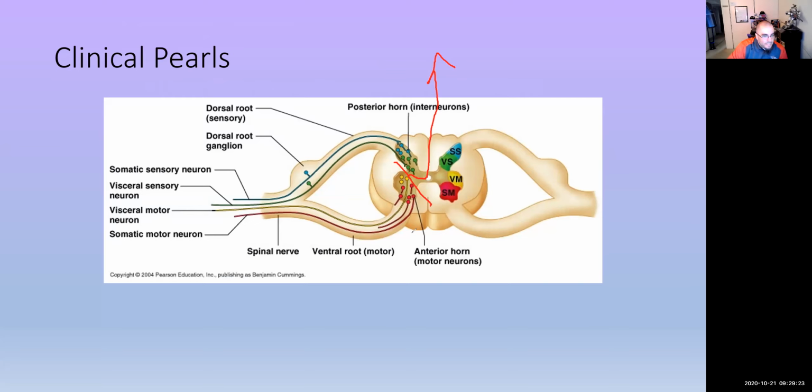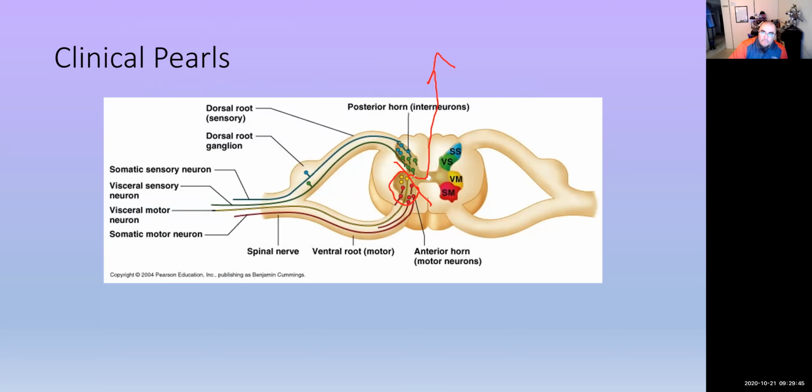Does that make sense to everyone? Because here's the horn cell. This is still part of the CNS, but definitely anything before that is CNS related. So upper motor neuron injuries are more CNS related. Lower motor neuron are usually more PNS related.